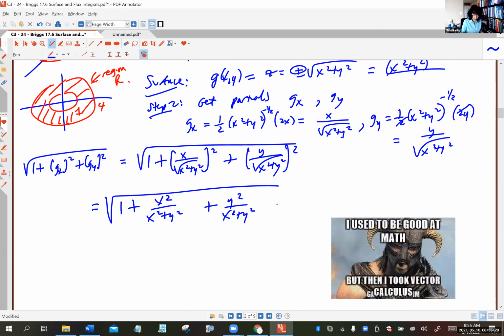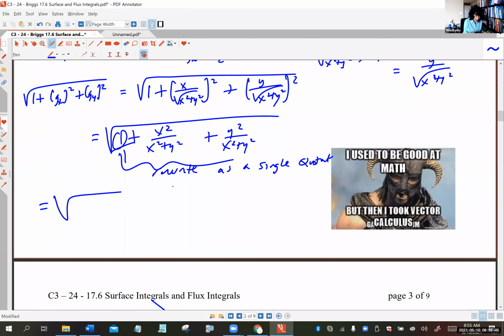Well, if you try to rewrite it as a single quotient, and this is just algebra now, you try to find an LCD. This one has a denominator of 1, but if we multiply both its numerator and denominator by the common denominator, then we can add all 3 of these terms together because they all share the common denominator of square root of x squared plus y squared.